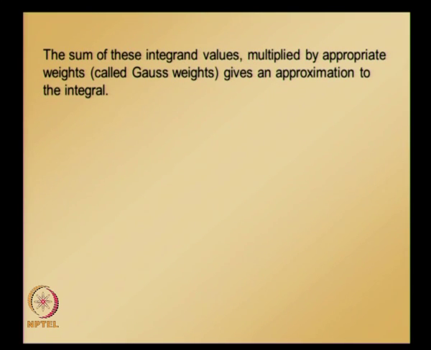Once we evaluate the integrand at some predefined points, we multiply the integrand value at those points with some weight. The sum of these integrand values multiplied by the appropriate weight, called Gauss weight, gives an approximation to the integral. This is how we evaluate integrals using Gauss quadrature.